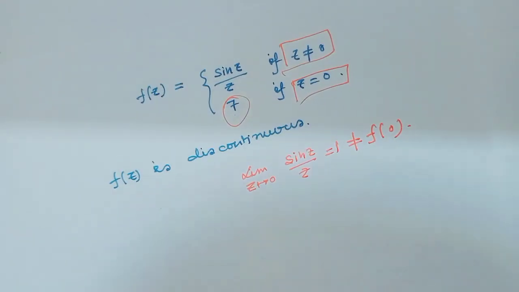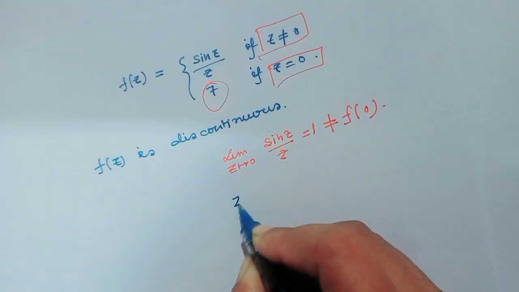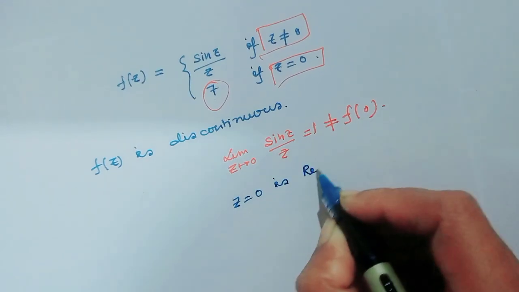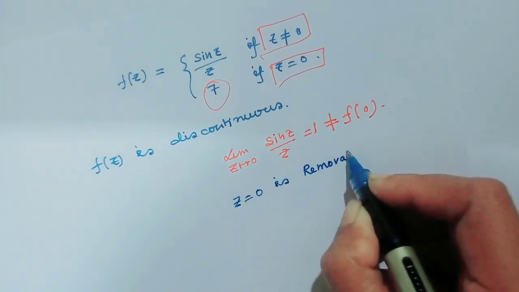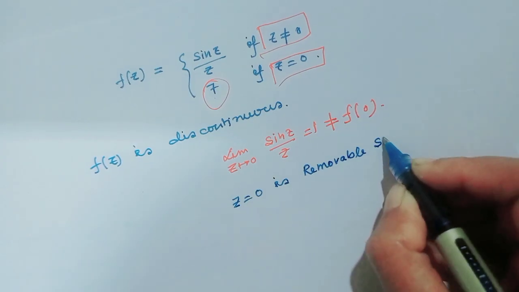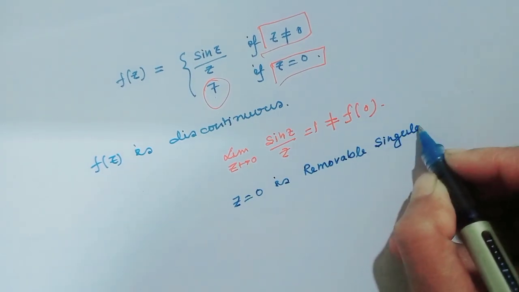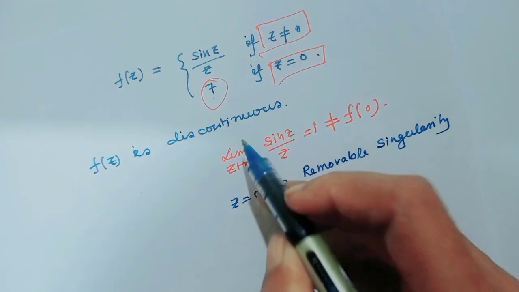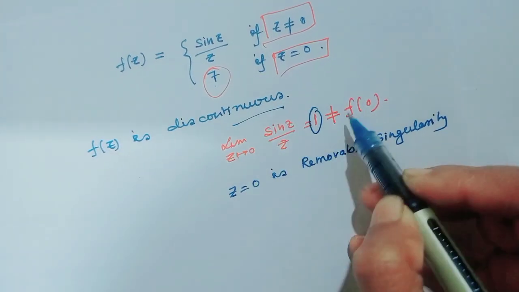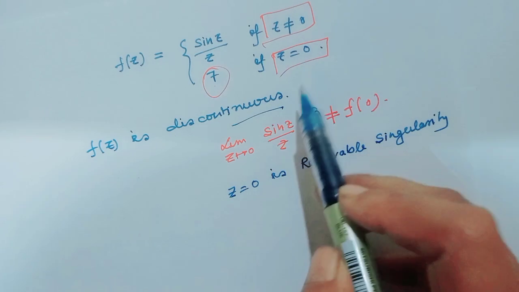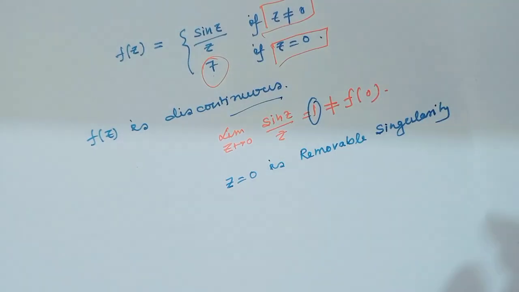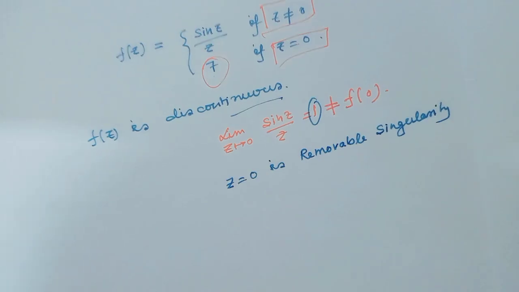So z equals 0 is a removable singularity. But the function is discontinuous at the point 0 because this limiting value is not equal to f(0). So the function is discontinuous, but z equals 0 is a removable singularity.